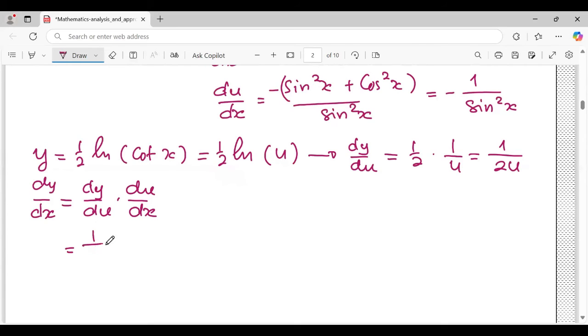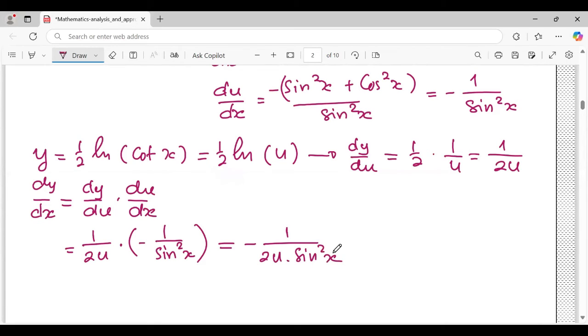So it becomes 1 over 2u times du/dx, 1 minus 1 over sine squared x, minus 1 over 2u sine squared x, or minus 1 over u is cosine x over sine x times sine squared x.